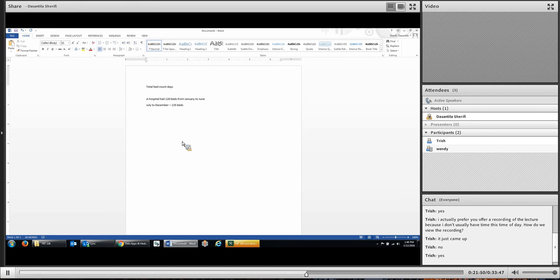Okay, so you are asked to calculate the total bed count day. What is the total bed count day? The total bed count day refers to how many beds were available during that time period.